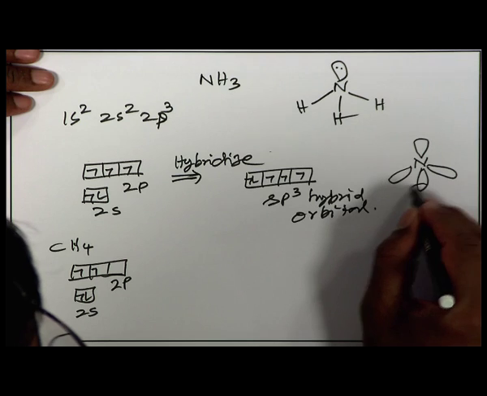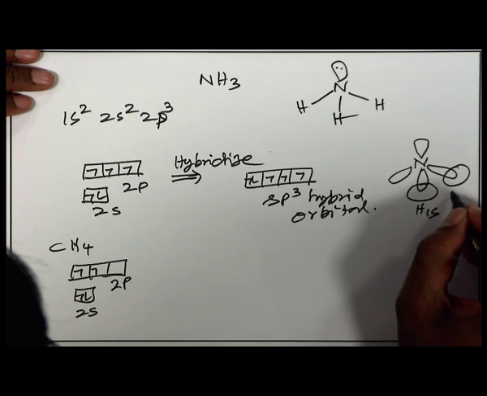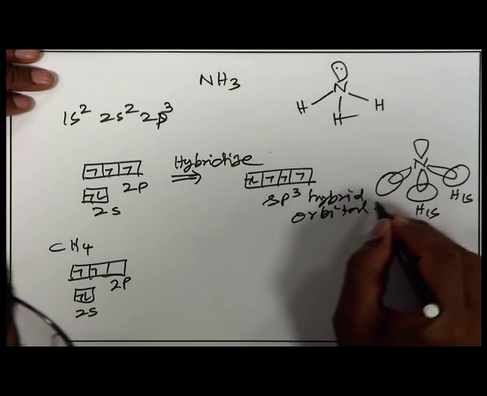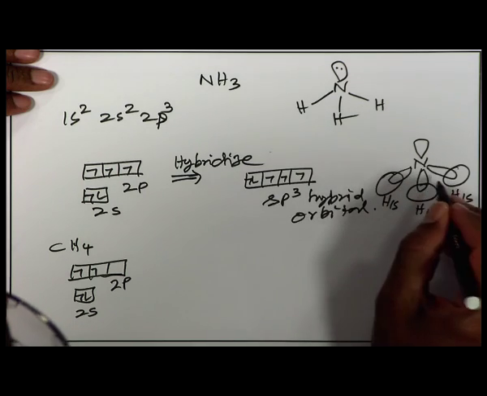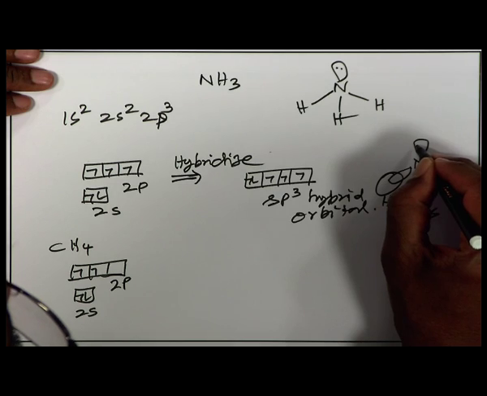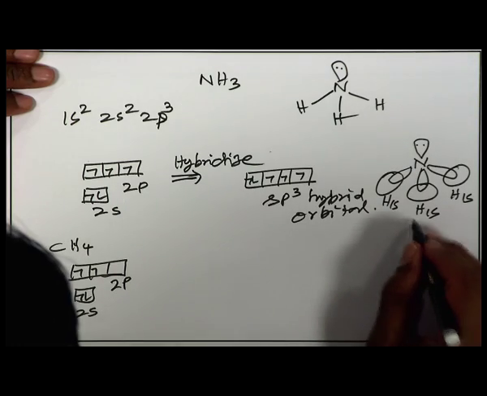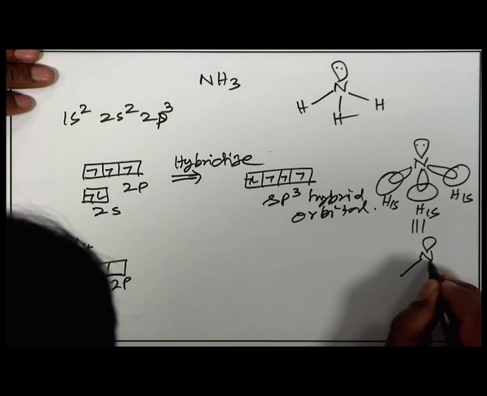So, you have then a hydrogen 1s orbital, another hydrogen 1s orbital, and another hydrogen 1s orbital. So, they form 3 bonds, and the remaining lone pair has to be put here. Then this is equal to this structure. I am redrawing that structure here.